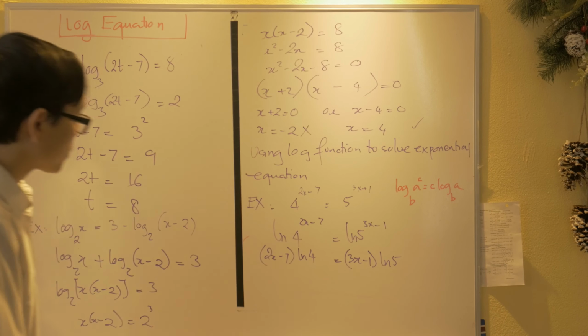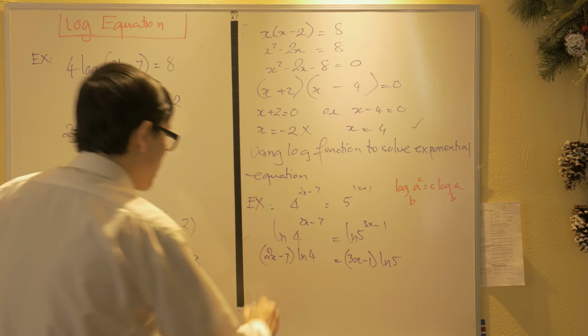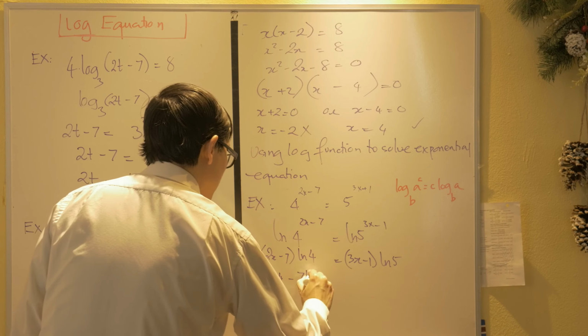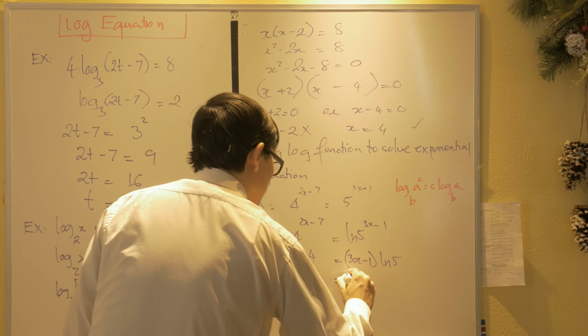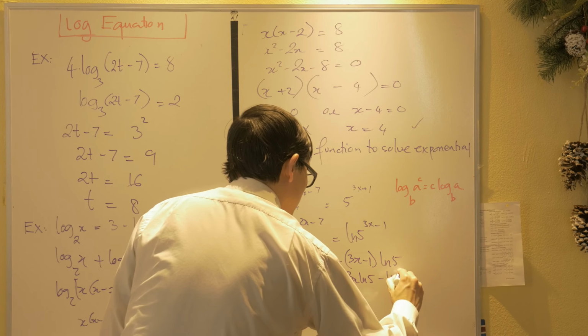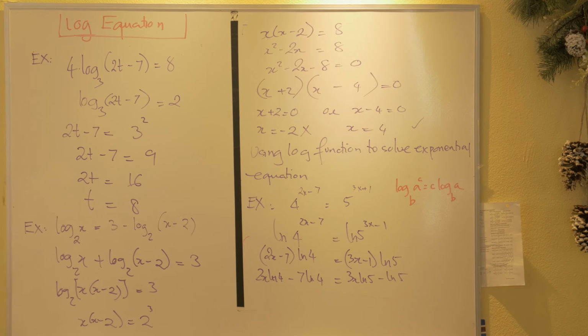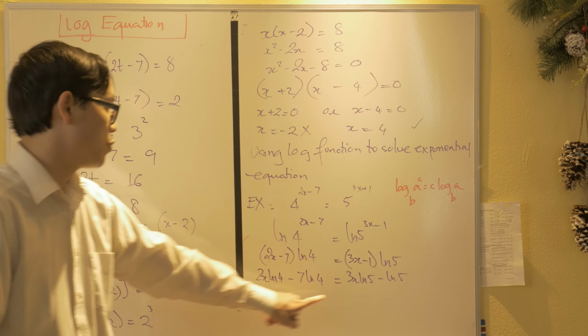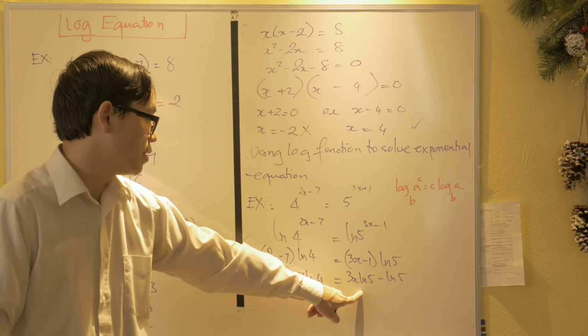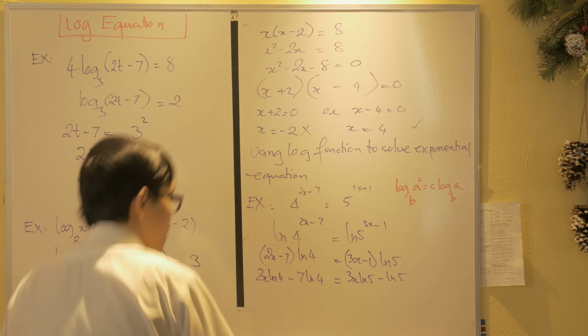Then I distribute it. I have 2x ln 4 minus 7 ln 4 equal 3x ln 5 plus ln 5. And I combine all the terms with x together. So this is a term with x, this is another term with x, right? Then I combine them together.